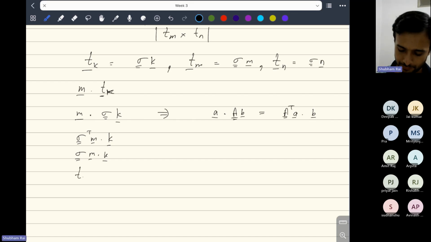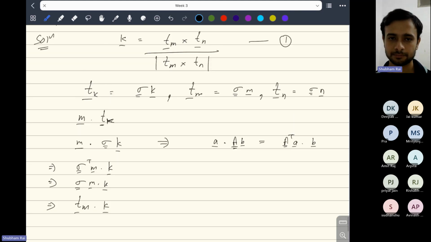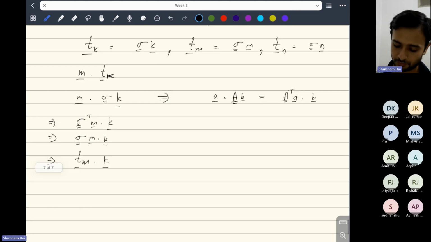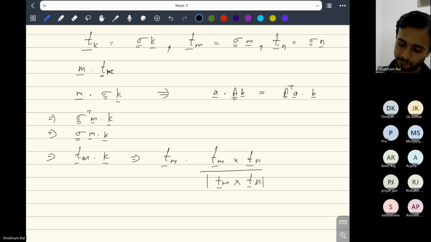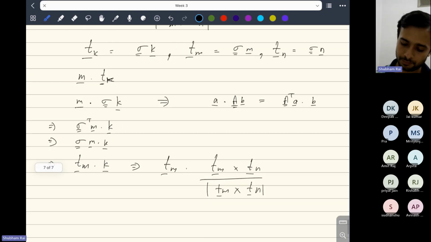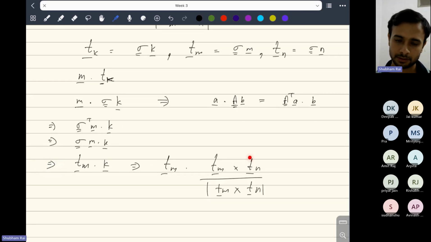So this is Tm dot k. You can now substitute the value of k here. So Tm dot k is Tm dot Tm cross Tn over magnitude of Tm cross Tn, right? If you see carefully, this is nothing but a scalar triple product.